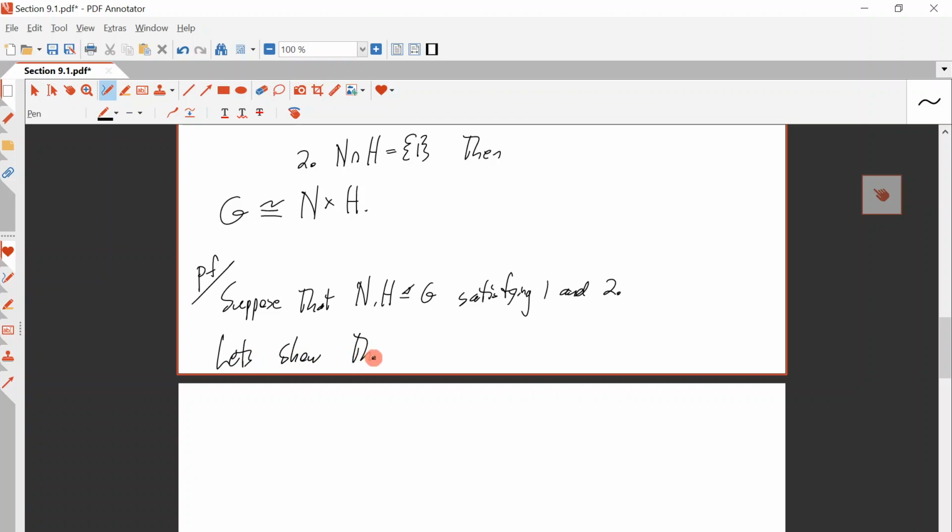So let's show that AB is equal to BA for all A in N and B in H. So anytime you have an element A in N and B in H, AB is going to be equal to BA. Okay, these guys are going to commute. Okay, so here we go.